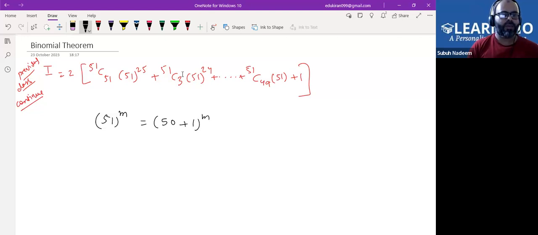I'm taking another term, 51 to the power m, because this type of term has been used throughout.